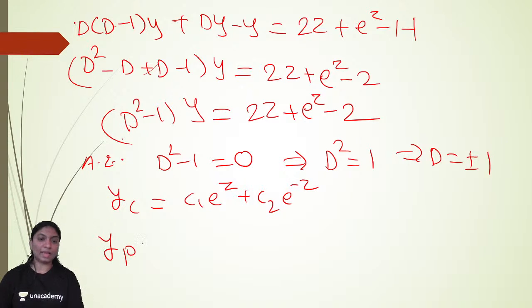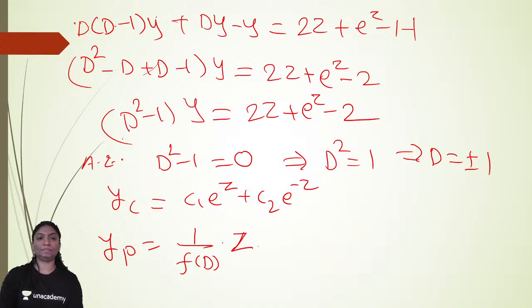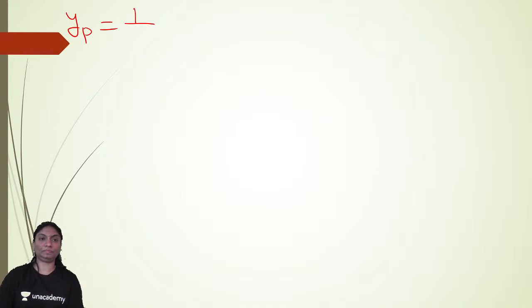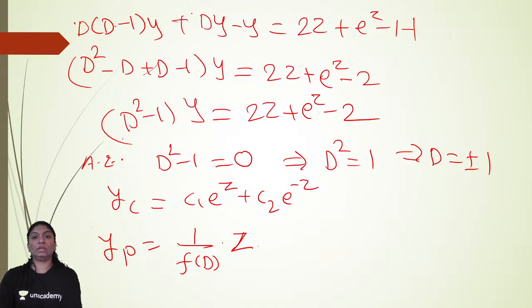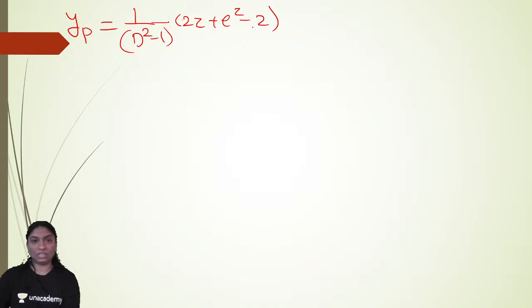You can write yp is equal to 1 upon f of d into f of z. So yp is equal to 1 upon d square minus 1 into 2z plus e raised to z minus 2.